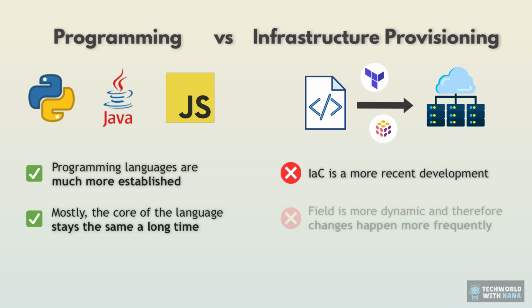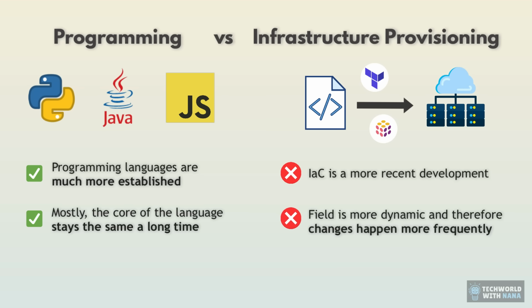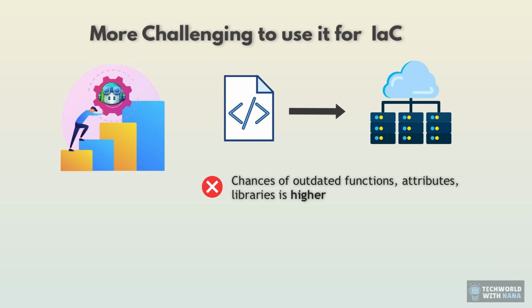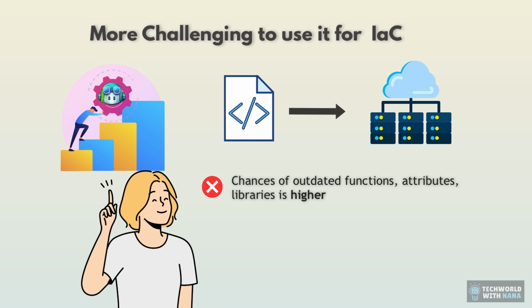Obviously improvements are made way faster, and a lot more is going on in that area. And because of that, it's way more challenging to use GitHub Copilot for infrastructure as code projects because the chances of functions or attributes or libraries being outdated is way higher here. So that is a very important distinction when analyzing GitHub Copilot's value in each category.